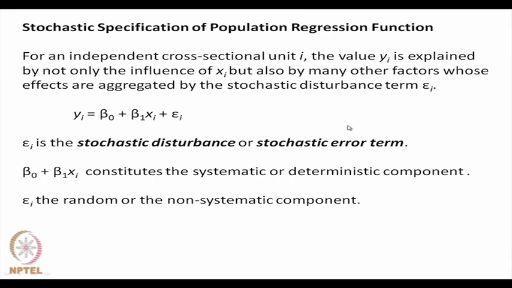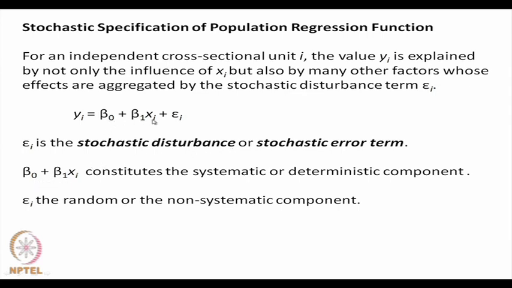Normally, we add a random noise here, a disturbance factor for every individual i, for every subject i or every cross sectional unit i. It will be the population relationship, that is beta 0 plus beta 1 xi plus a random error. This is the stochastic error term.